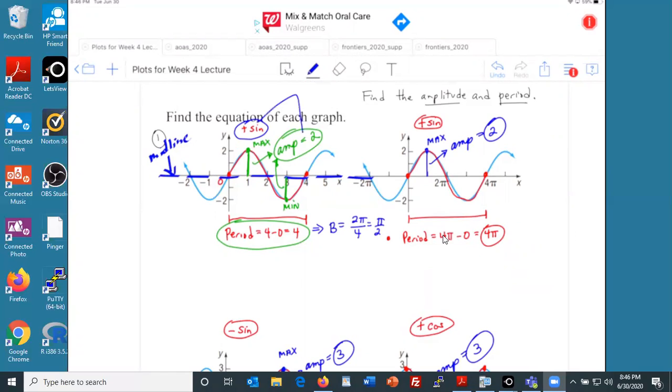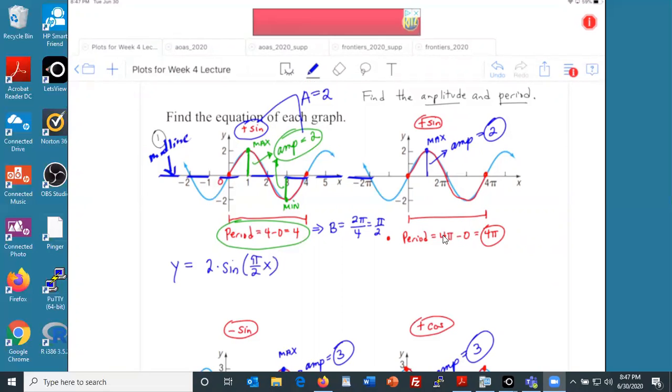And from this, the a value is positive 2. So I have my a and b, and therefore the equation would be y, or f of x, equals 2 times the sine of pi over 2 x, or pi x over 2.